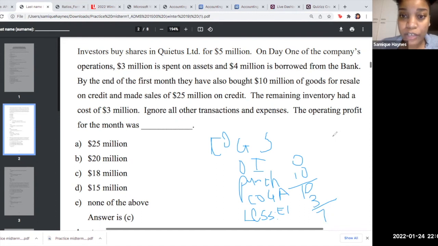So then we have our sales amount, 25 million, less our cost of goods sold will give us 18.